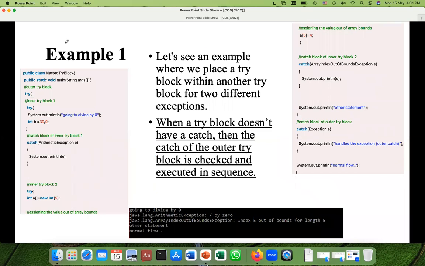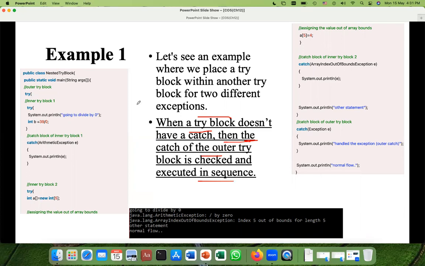Now moving toward example 1. In this example, we will have a try block that will not have a catch block. Then the catch of the outer try block would be checked and executed in sequence.